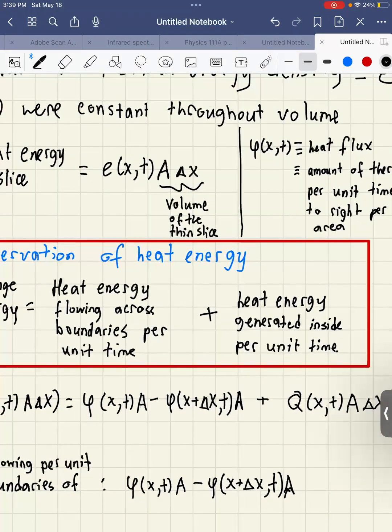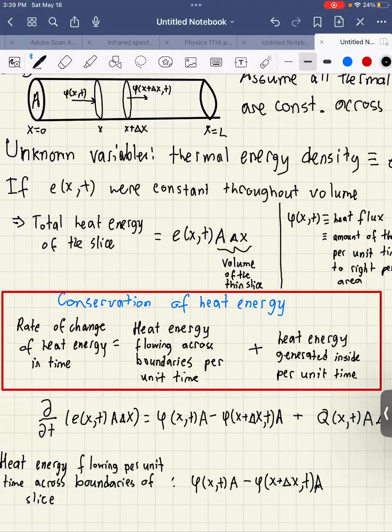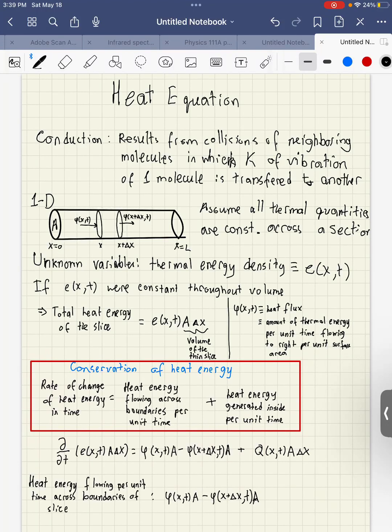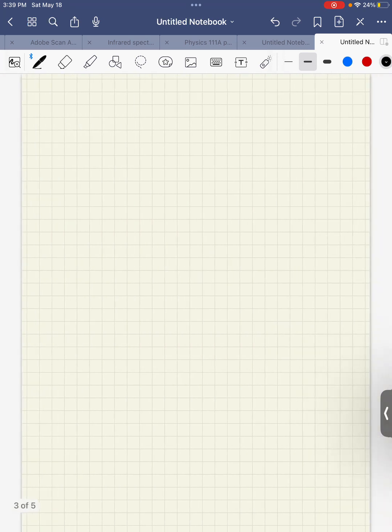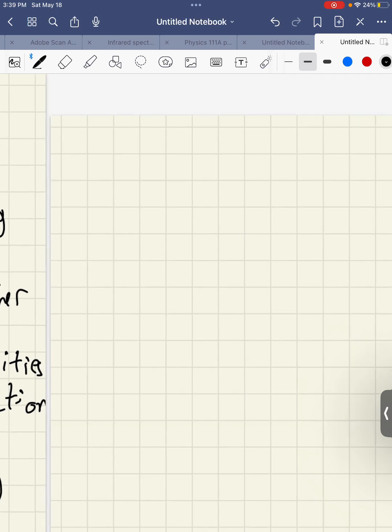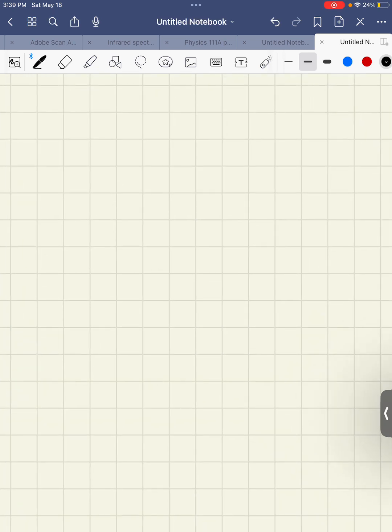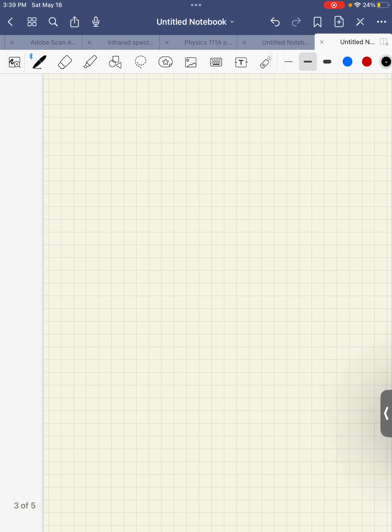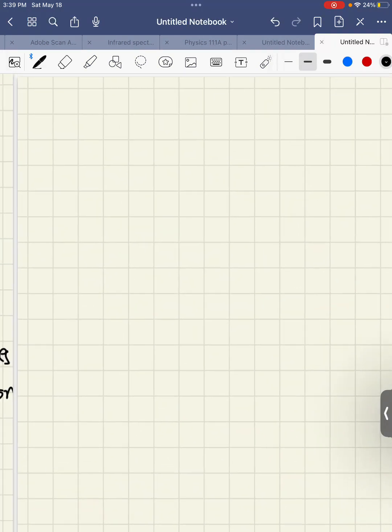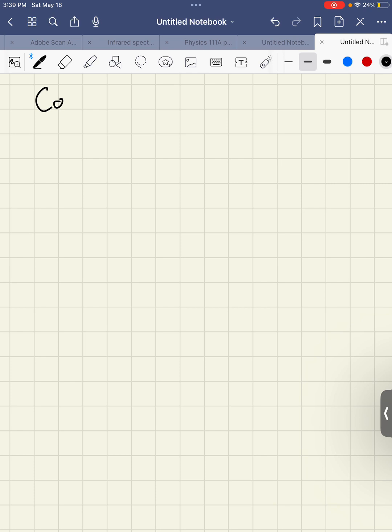So therefore, this is our equation form of the conservation of heat energy. Now I can simplify my math. Let me rewrite our conservation of heat energy derivation.